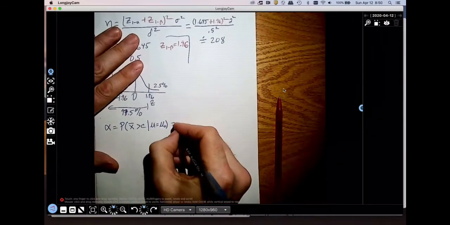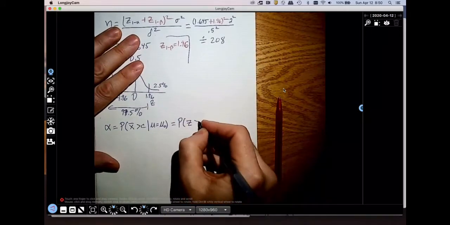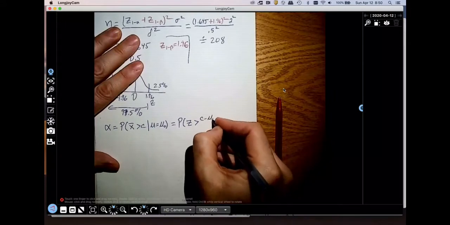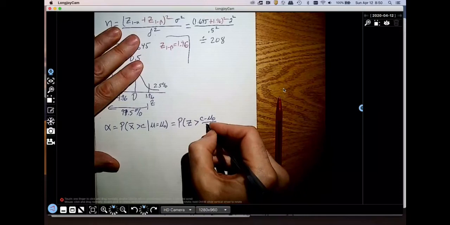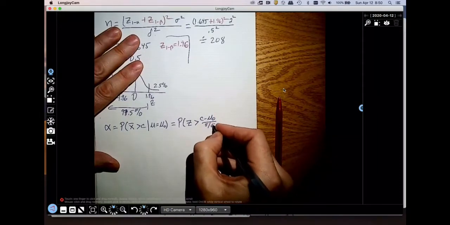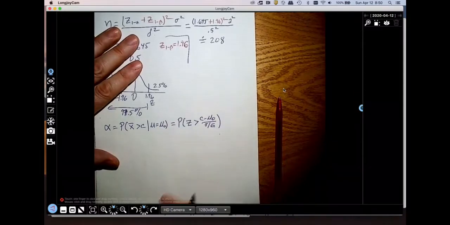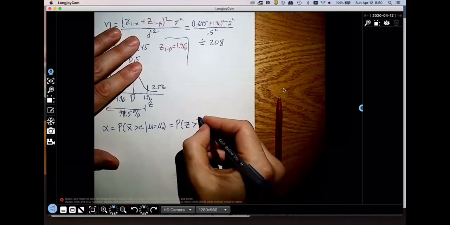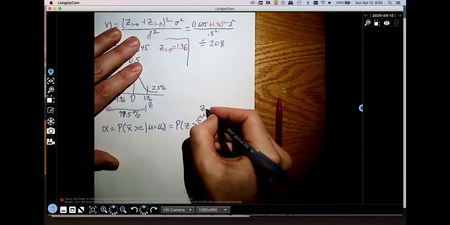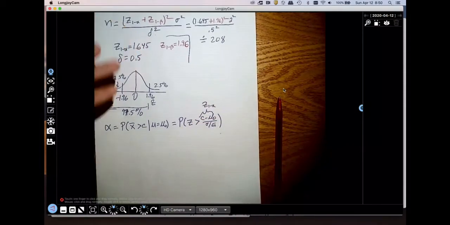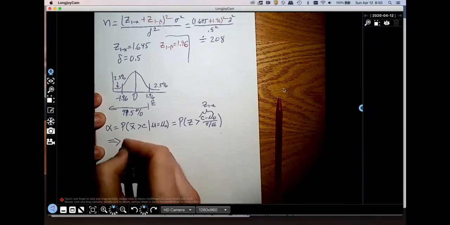So this is simply going to be the probability that I get a z now greater than c minus mu naught. And earlier I was writing in a specific sigma. Let's just write sigma over root n for now. And this is going to be true when this is equal to z 1 minus alpha. So we can now go write this out.